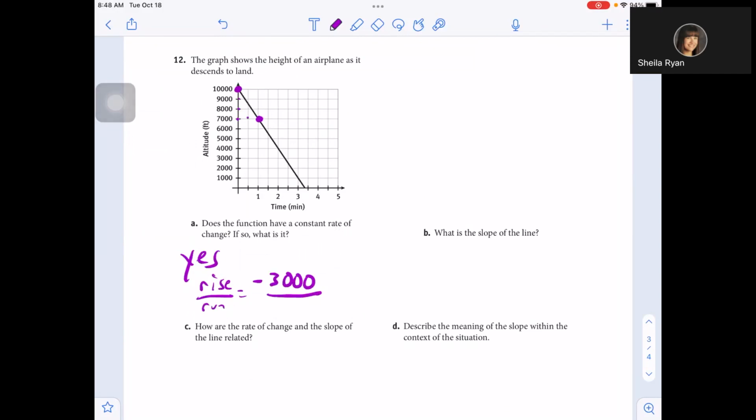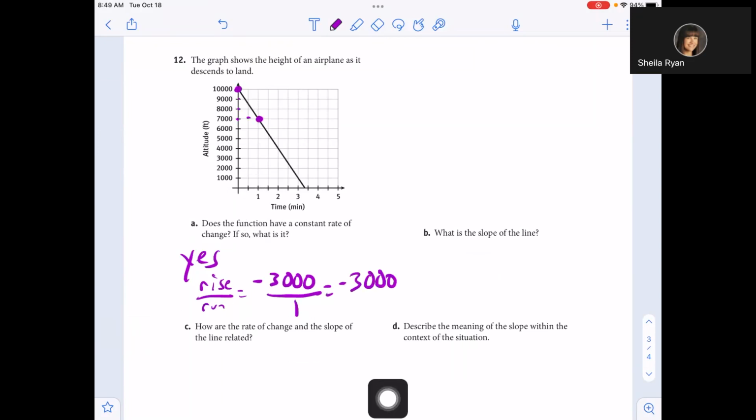And I'm running, that kind of looks like 1, 2, but when you look at the scale down here, this is 0 minutes over to 1 minute. So I actually only ran over 1 minute. I dropped 3,000 and I'm running from 0 to 1 minute. So my rate of change is negative 3,000.